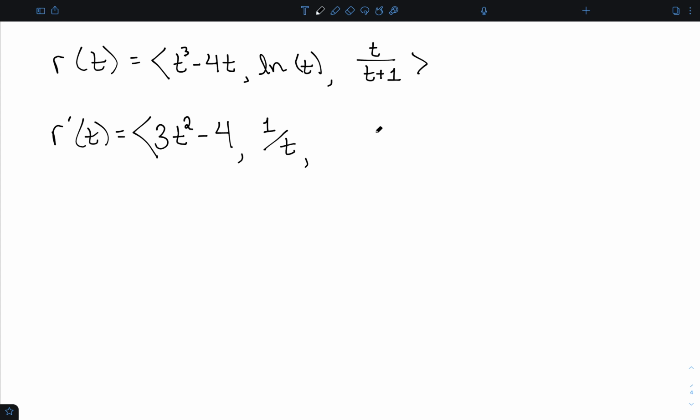And for the derivative of the third piece, this is a quotient rule problem, so we need the derivative of the top times the bottom minus the top times the derivative of the bottom, over the bottom squared. And you can absolutely simplify this third coordinate. I'm not going to do it here, but you can work to simplify this.